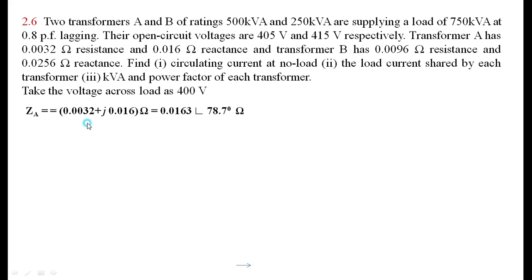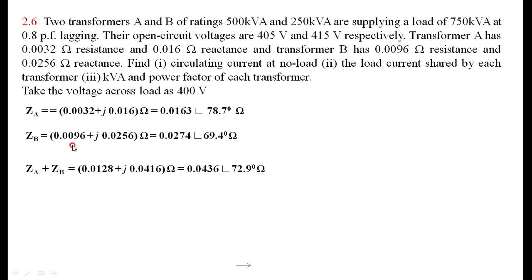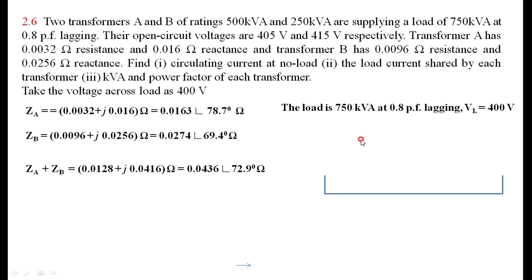ZA is given, ZB is also given, and ZA plus ZB I am calculating by adding these two. Next, the load is given as 750 kVA at 0.8 power factor lagging. The terminal voltage at operation, VL, is also given as 400 volts.